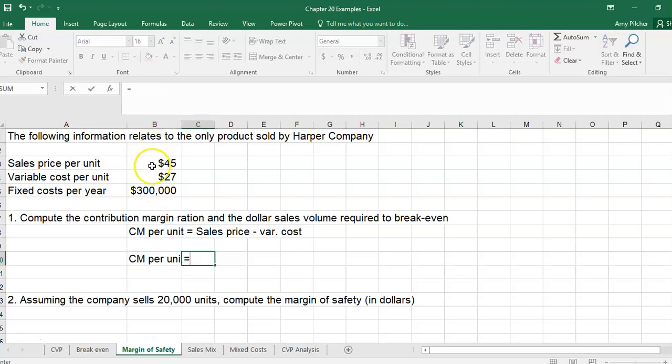So $45 minus $27. And the contribution margin ratio is the contribution margin per unit divided by the sales price, or 40%.